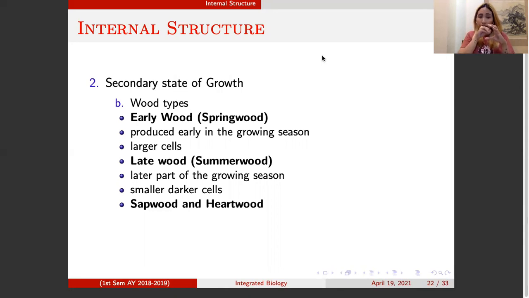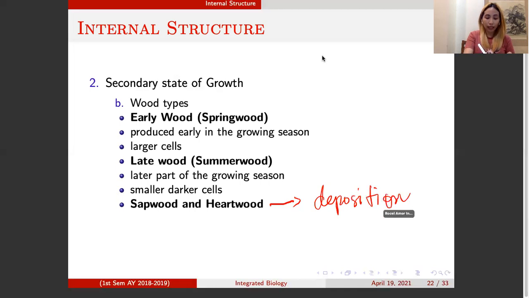The xylem cells that are dead in the center will lose their conducting function, and then they will have deposition. So magkakaroon ng deposition of tannins, okay, tannins, right? And this will make them darker, right?